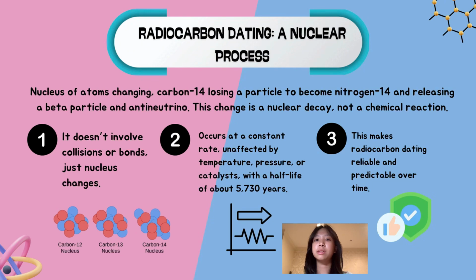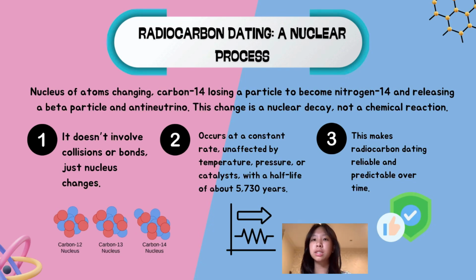Radiocarbon dating depends on a nuclear process called radioactive decay. Specifically, carbon-14 atoms inside a sample will undergo beta decay, where a neutron changes into a proton and releases a beta particle and an antineutrino. This transforms carbon-14 into nitrogen-14.